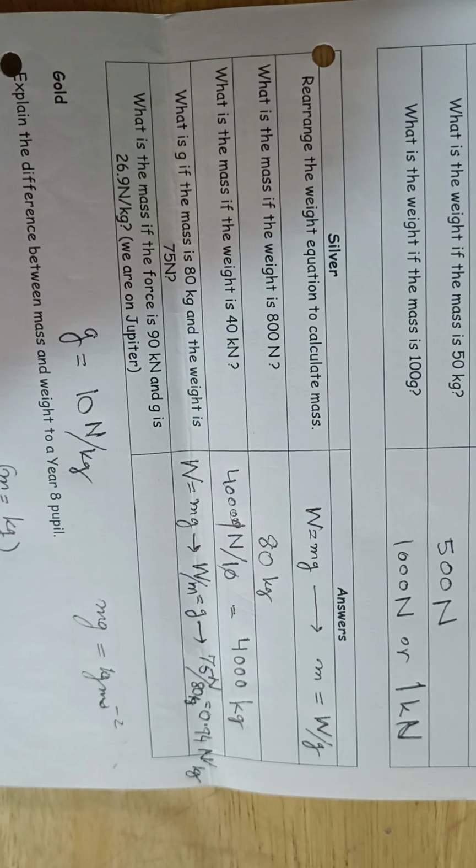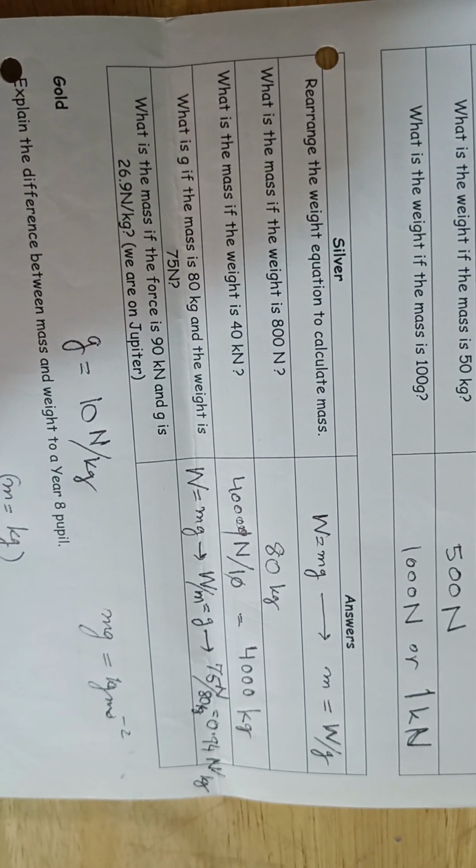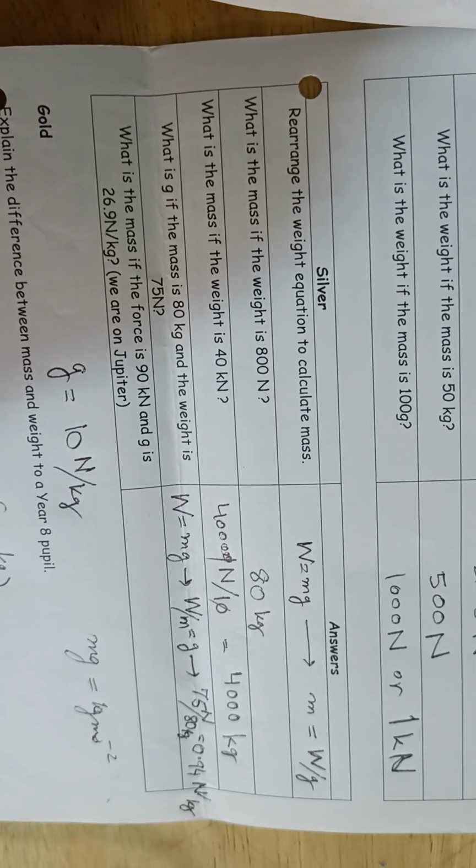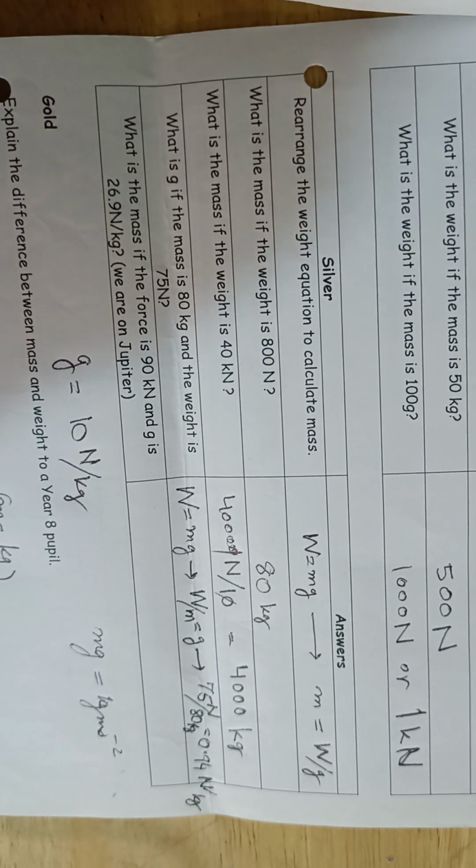Newtons per kg. So that's 75 divided by 80. That's roundabout 0.94 newtons per kg.